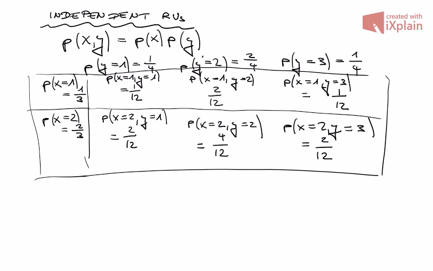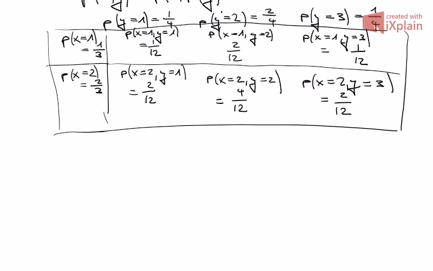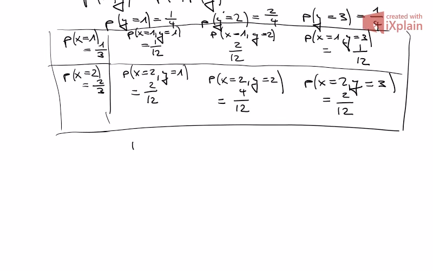Now we could do the reverse and divide it by the marginal, and to get back to them we could sum things up, or we could compute a conditional. Maybe let's compute a conditional so that we can then see that even stronger. So let's compute p of x, the probability distribution over x given y equals 1.